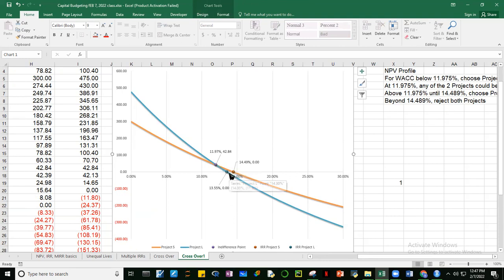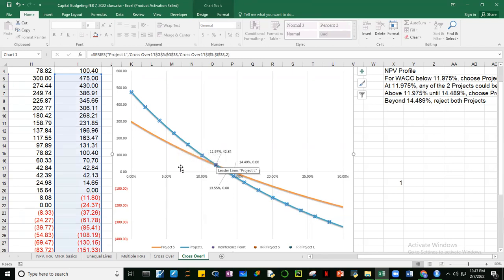Tapos, ito yung IRR ni L, IRR ni S. So, below 11.97, okay, sino pipiliin natin? Si Project L. Ito siya, yung blue. This is Project L. Below 11.97%, Project L tayo kasi mas mataas yung NPV niya.